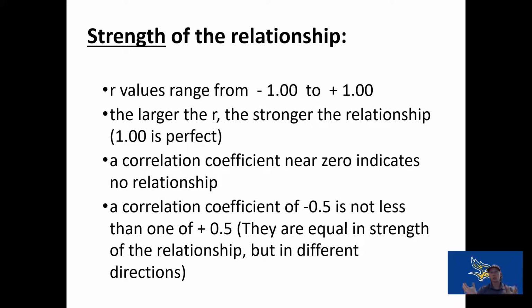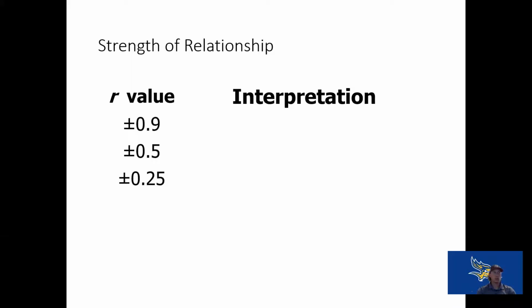So think of them as two different pieces of information. So -0.5 is a negative relationship with a strength of 0.5. A positive 0.5 is a positive relationship with a strength of 0.5. Okay, so they would be in different directions but the same strength. So we can think of our R values as strength values and then as direction values.